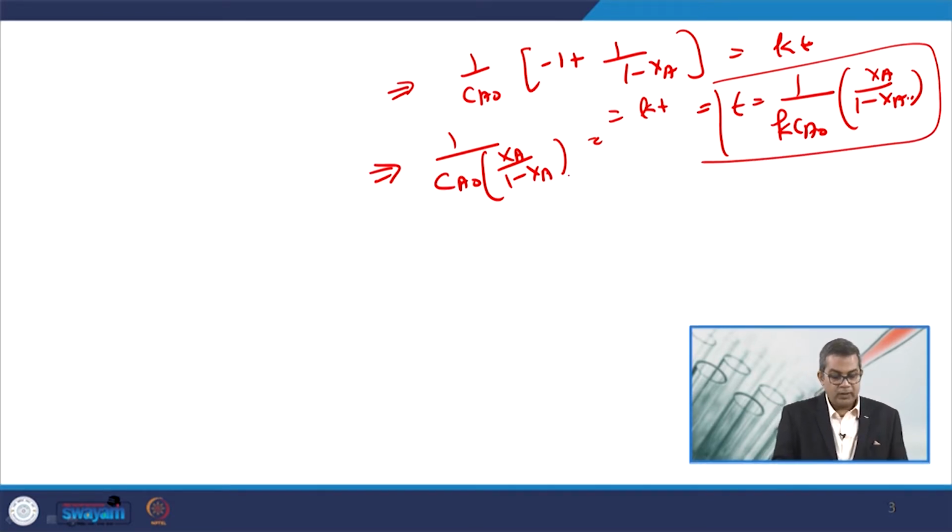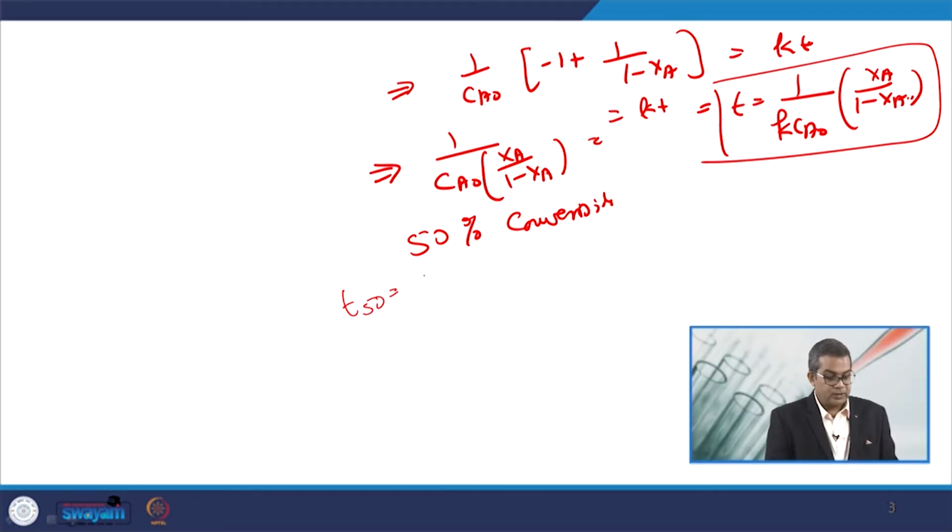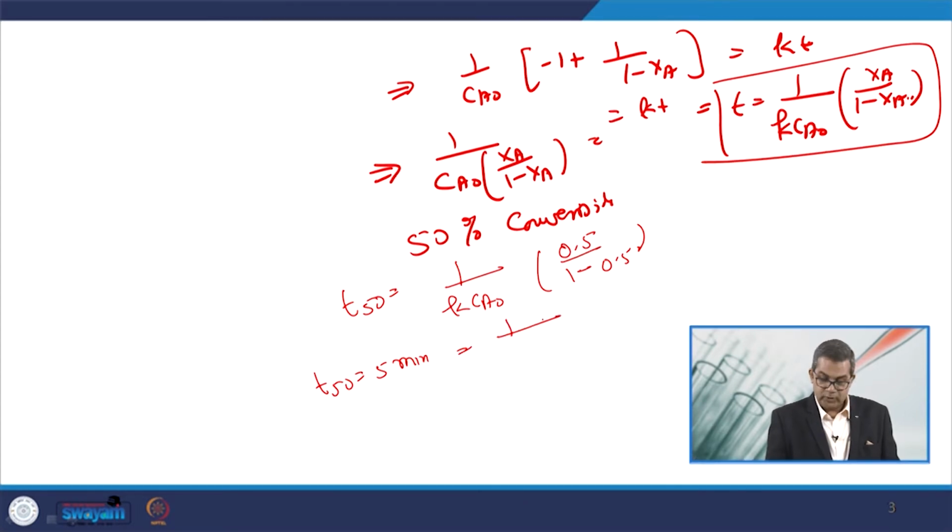Now for 50% conversion, t50 is equal to 1 upon k CA0 into 0.5 upon 1 minus 0.5, and t50 is 5 minutes, that is equal to 1 upon k CA0.